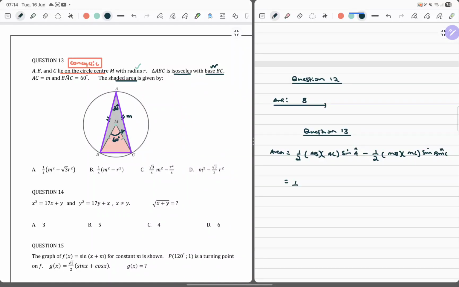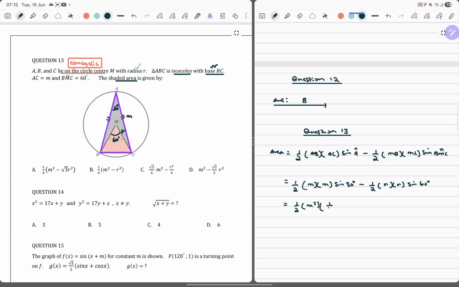This is equal to 1 over 2. Now AB is M. That's also M. Sine of A is going to be 30 degrees, minus 1 over 2. This is R. That's R. Sine of 60 degrees. So this is a half into M squared.